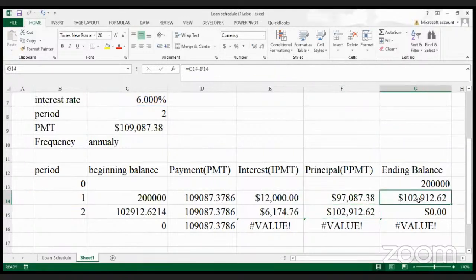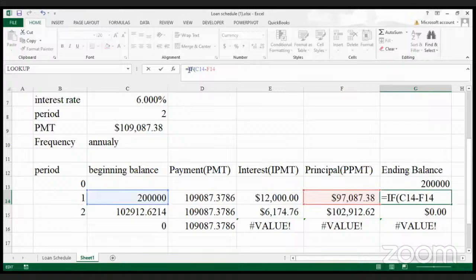Do the same to this. The last one we say equal to IF period is greater than or equal to this, comma, it should get us that difference. If not, comma, then the cell should remain empty.